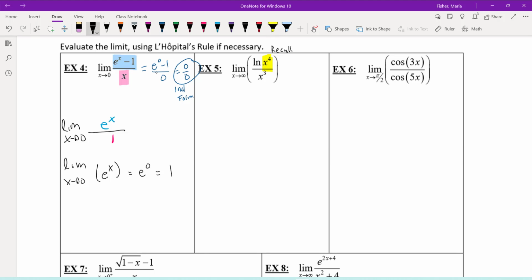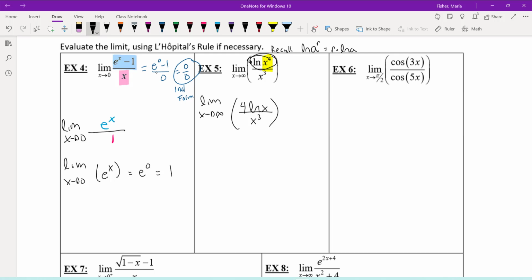Recall that the natural log of a raised to the r is equal to r times the natural log of a. So we can rewrite this as the limit as x goes to infinity of, instead of the natural log of x to the 4th, 4 will go and multiply the front. That's going to be 4 times the natural log of x, and then the denominator stays the same because we're only using our property to rewrite our log.